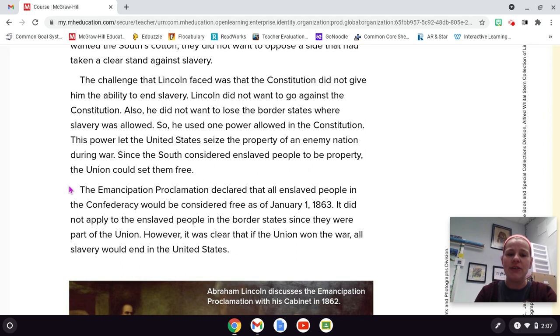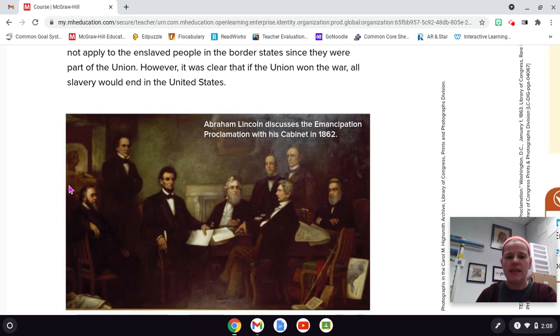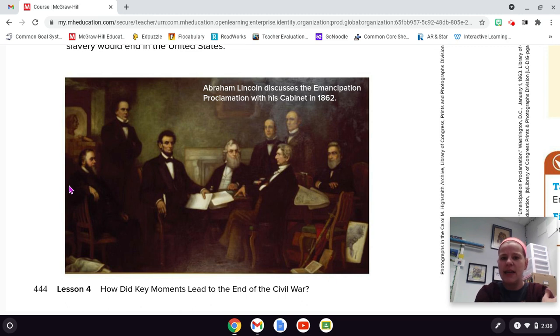It did not apply to the enslaved people in the border states since they were parts of the Union. However, it was clear that if the Union won the war, all slavery would end in the United States. So here is a picture of Abraham Lincoln discussing the Emancipation Proclamation with his cabinet in 1862.